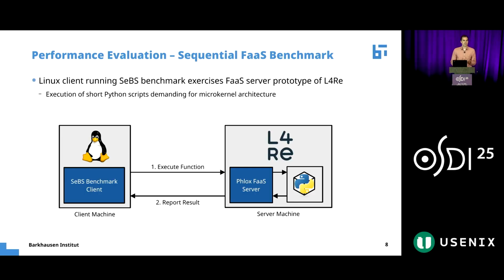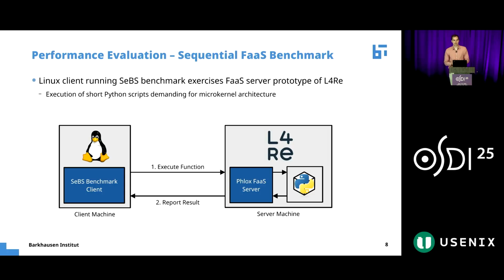And this client then sends Python code snippets to a function-as-a-service server, which may run L4E or our competitors for comparison. And on L4E, the server then executes this Python script on behalf of the client and sends back the results.